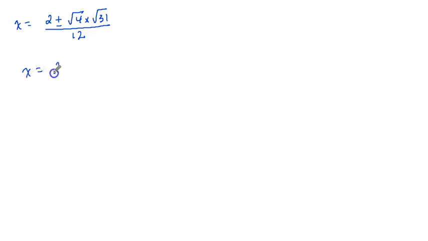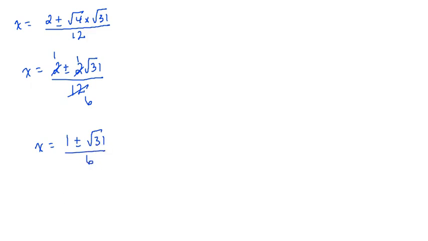We've got x equals 2 plus or minus square root of 4 is 2, so we've got 2 root 31 all over 12. We can divide 2 into each of these terms. 2 goes into 2 once, and once there, and into 12 6 times. So our final answer is x equals 1 plus or minus root 31 all over 6.